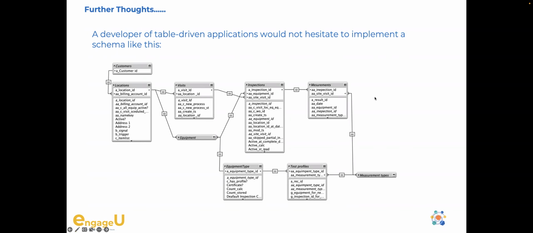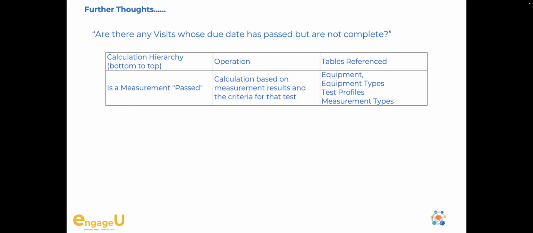It's pretty complicated. So if I want to answer this question, I've got to start with the measurement. The calculation of whether it's passed is based on its results. You want to know the equipment type, the test profiles, and the measurement types for that piece of equipment to calculate whether it has passed that particular test.